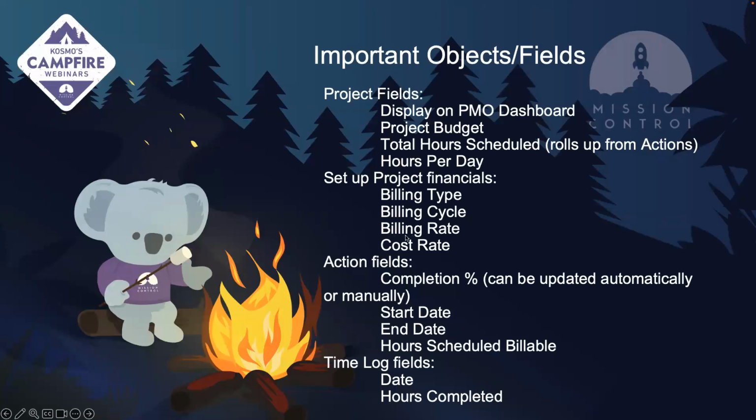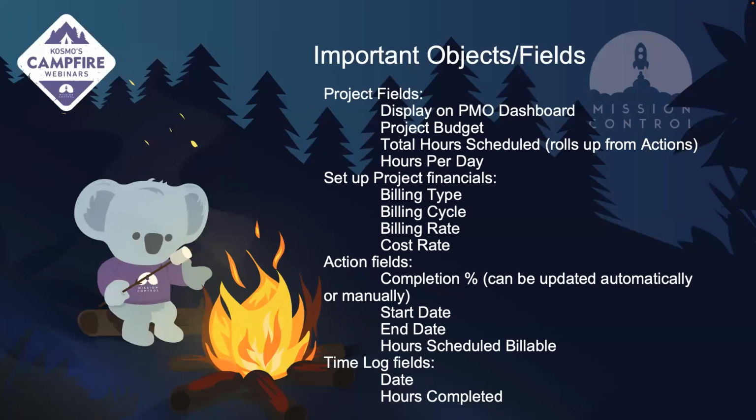You'll also want to establish your billing and your cost rate. So there's a few different options for that, and we'll go over that once we start setting up our project. But this will basically tell your project or tell the system where to pull your rate from.